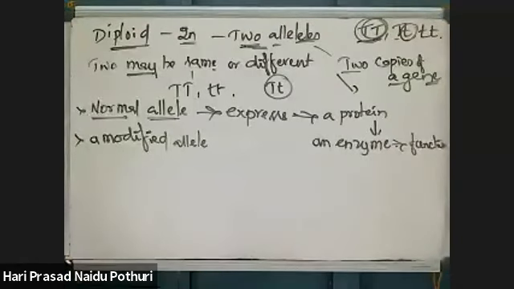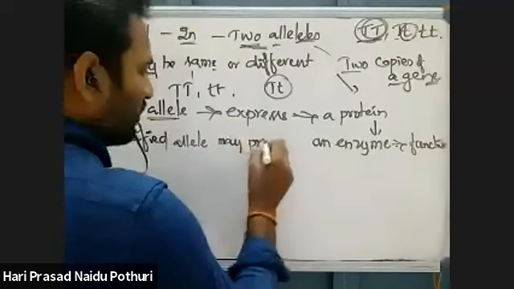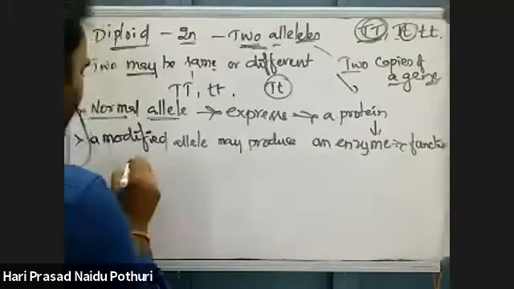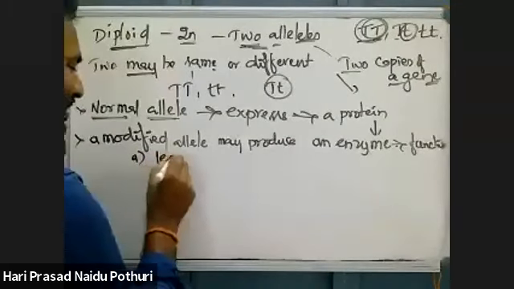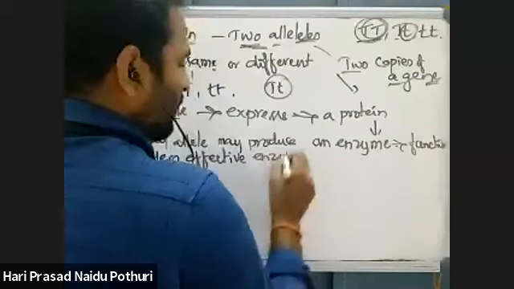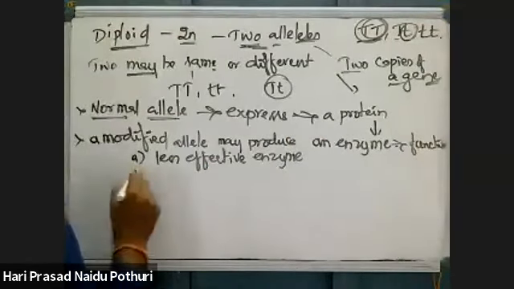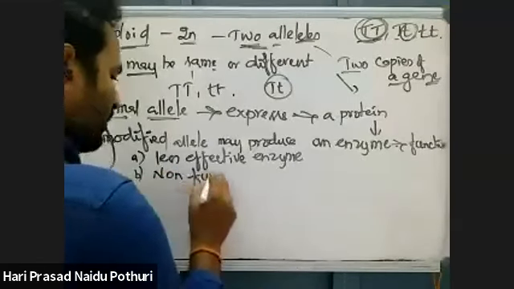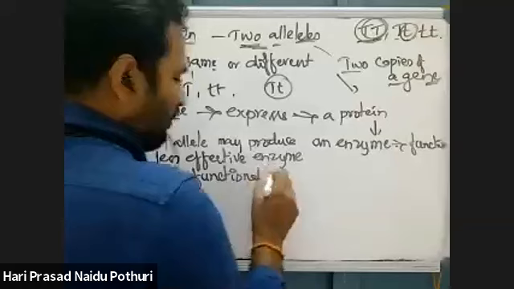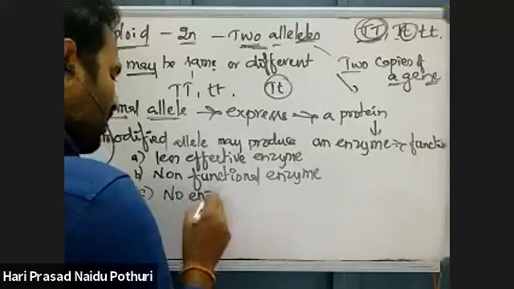This modified allele may be producing, 3 chances are there. As the gene is modified, it may produce less effective enzyme. That means enzyme activity is less. Or non-functional enzyme may be produced, or there may be a chance of no enzyme.